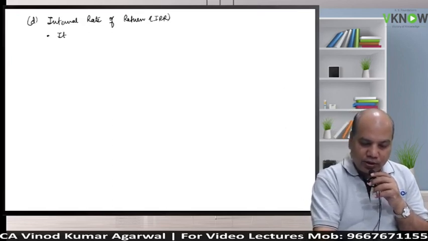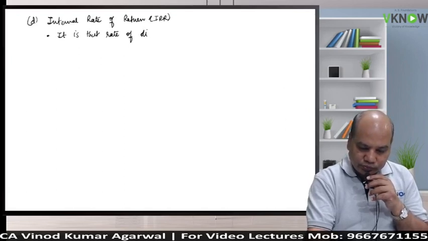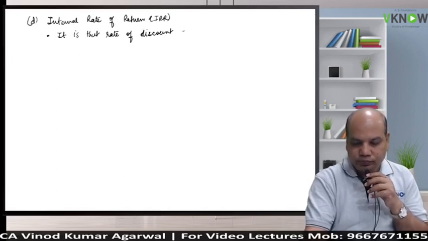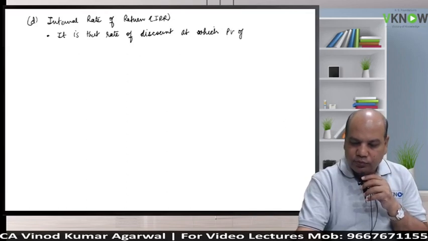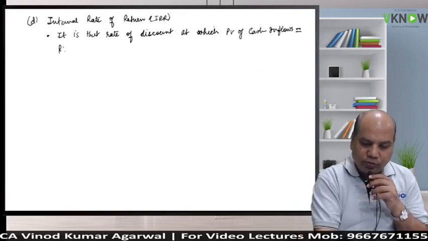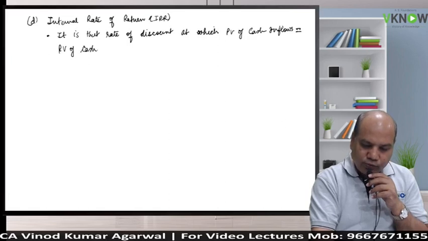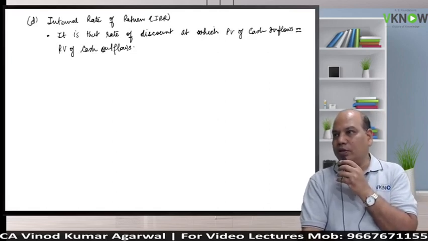So it is that rate of discount at which PV of cash inflows is equal to PV of cash outflows.